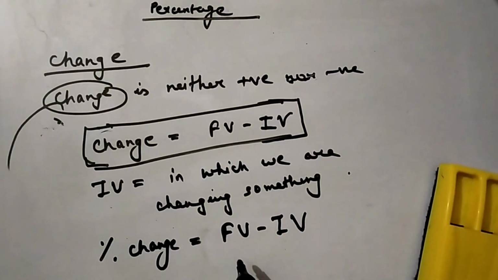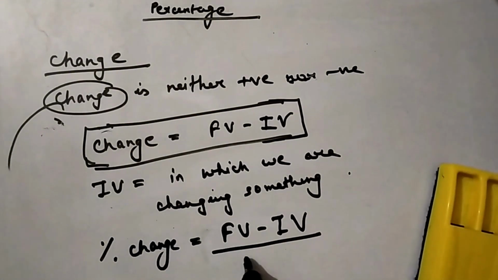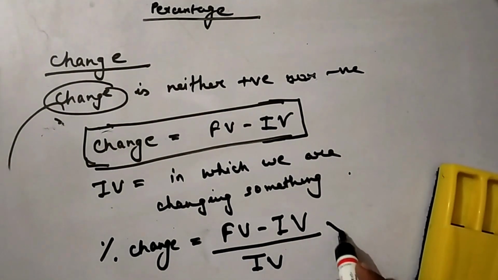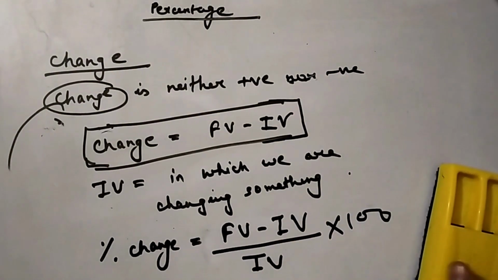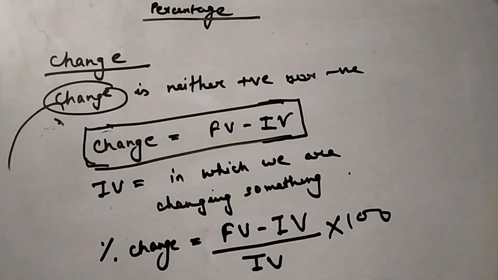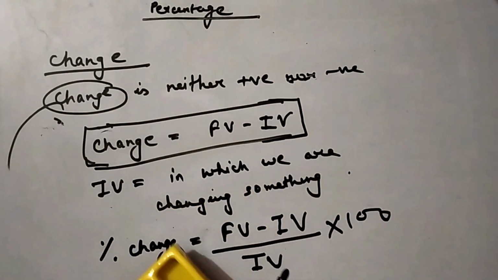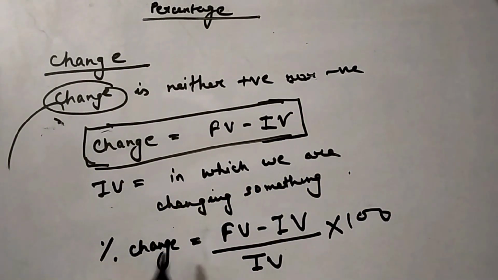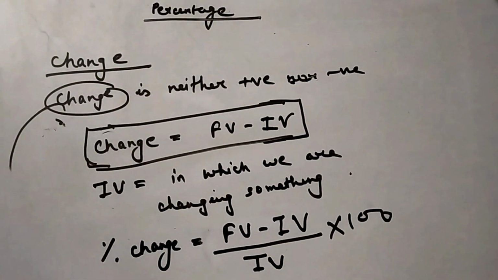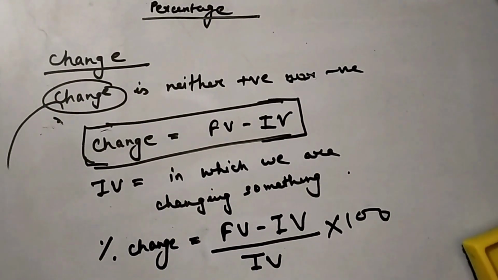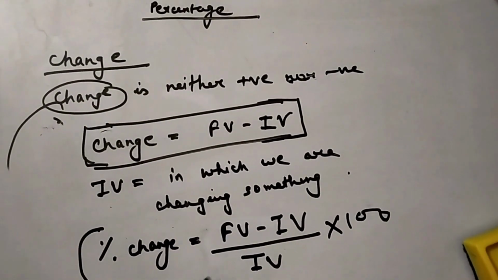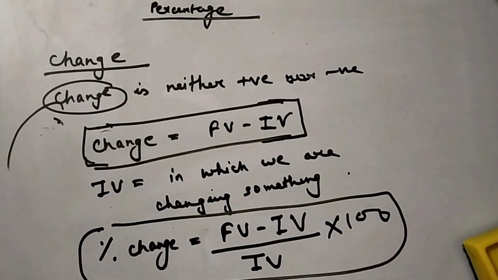The percentage will become final value minus initial value upon initial value into 100. So percent of change will become this. This is the formula we have to remember.